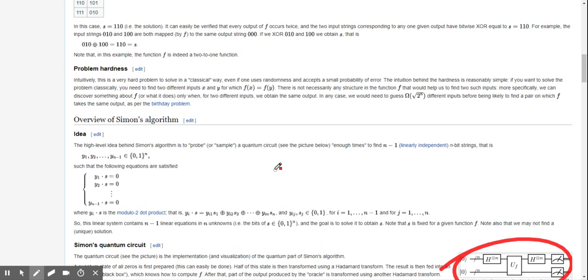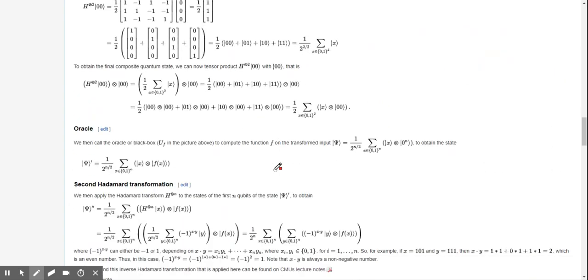I think the way this works is that the string you're getting is sort of a partial mask of s. So basically, it's the modulo 2 product.